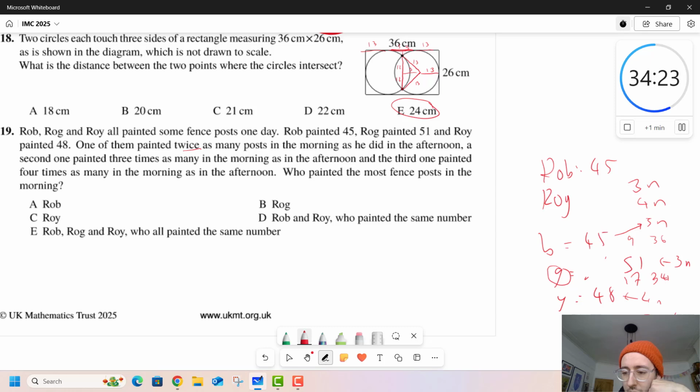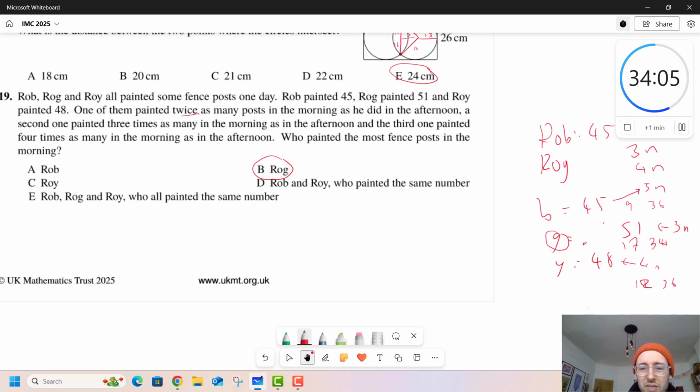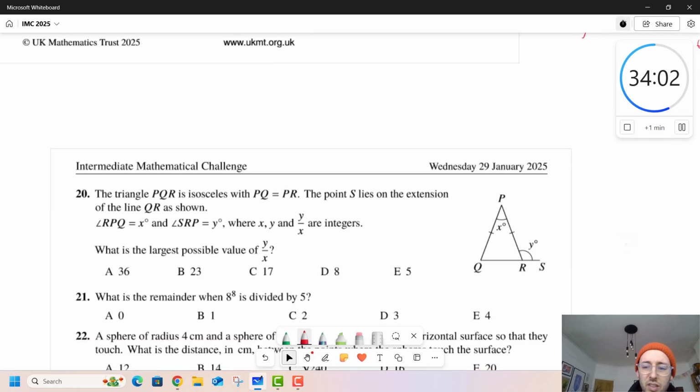Can't divide by 4. This one, he does 12 in the morning, 36 in the afternoon. Is that 3 times as much? Yeah. So the most in the morning by far is Rog. But I think people would have guessed that anyway, just because 51's the most. That's interesting.